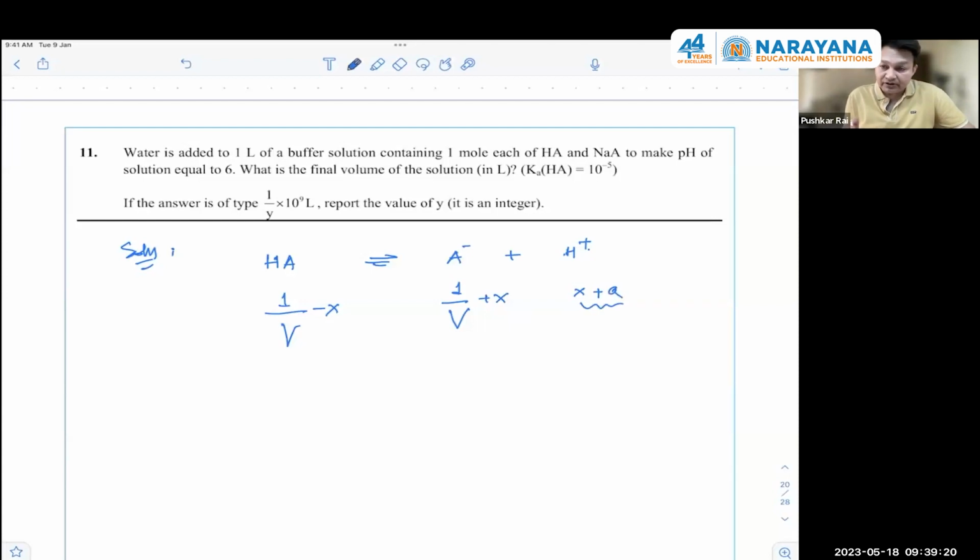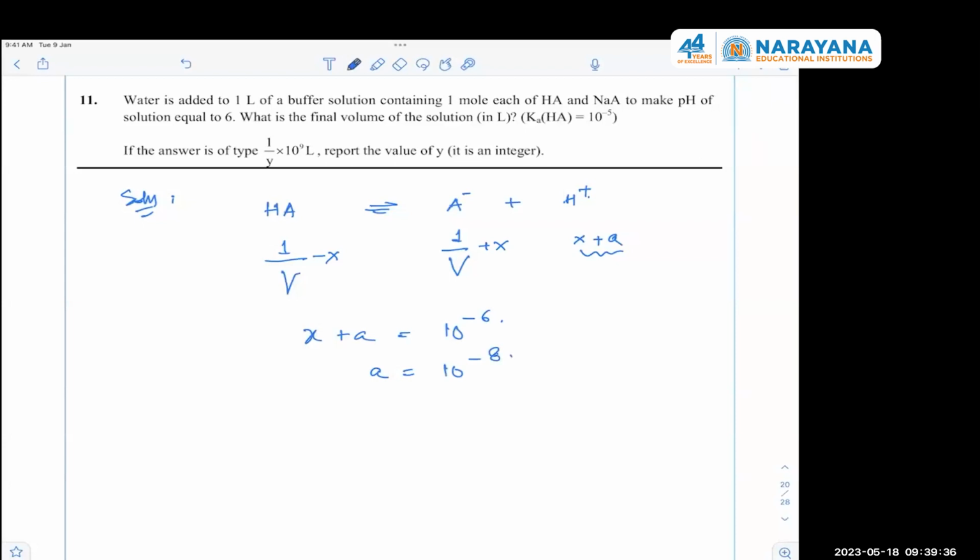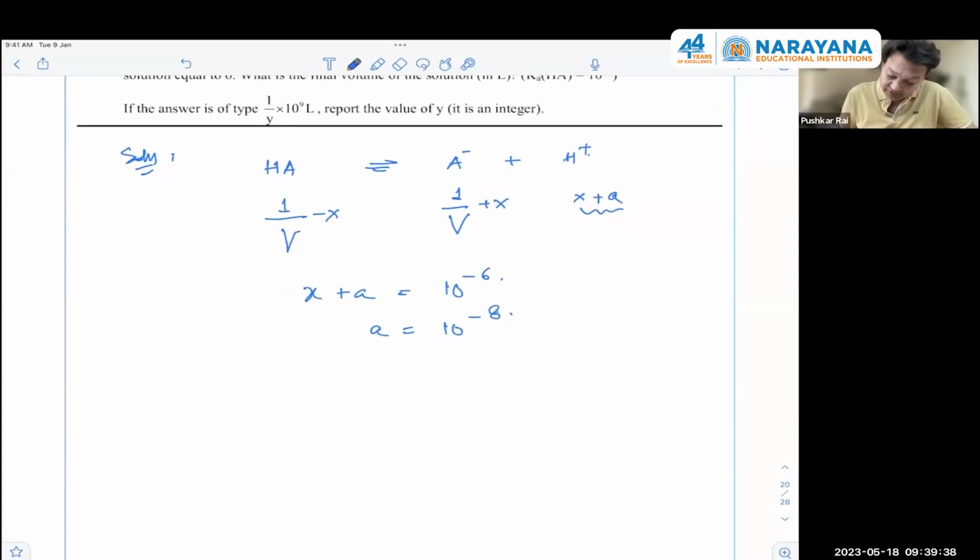Because there must be something coming from the water. Now this X plus A must be equal to 10 to the power minus 6. So from this we can get A equal to 10 to the power minus how much? 8. Once we get this 8, we get the exact value of X. X is equal to 10 to the power minus 6 minus 10 to the power minus 8.